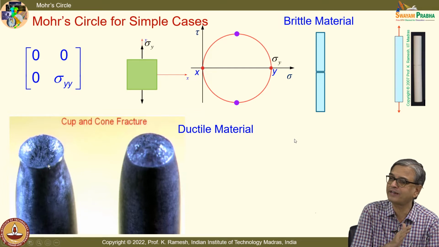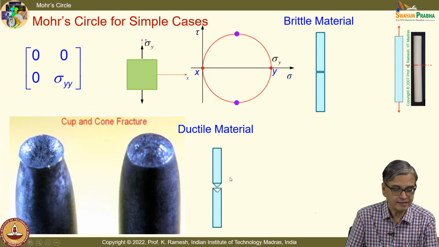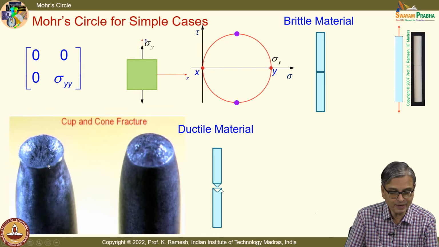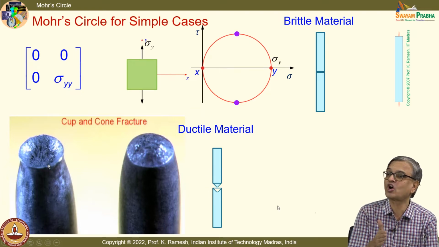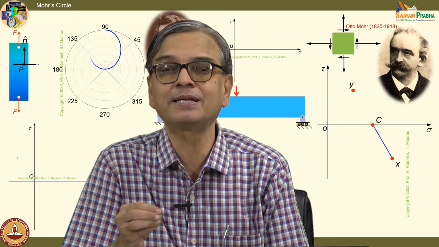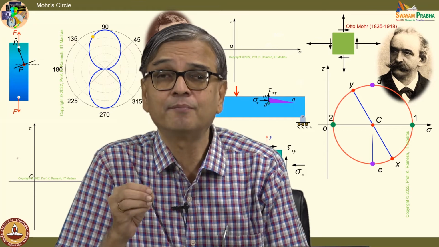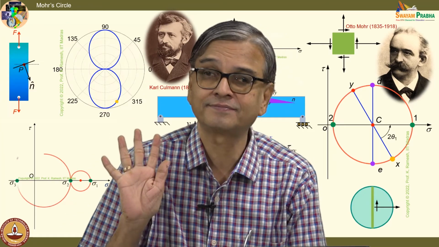Physically, it is at 45 degrees. Okay. And if I look at the cup and cone fracture and then put it like this, you will have the cup like this. You have this at 45 degrees, and you can go back and explain this is what has caused it. From a simple experiment, you are able to apply the Mohr circle and identify the plane on which failure can occur.